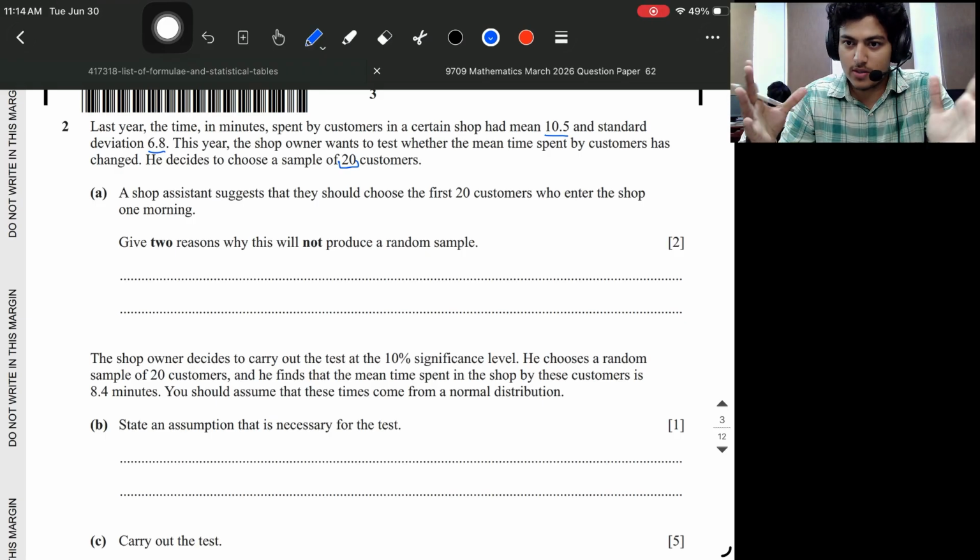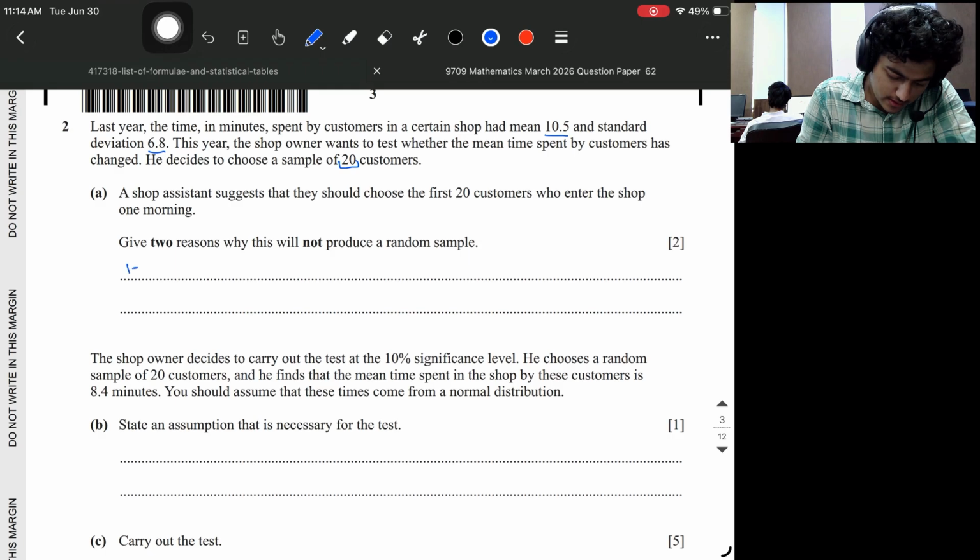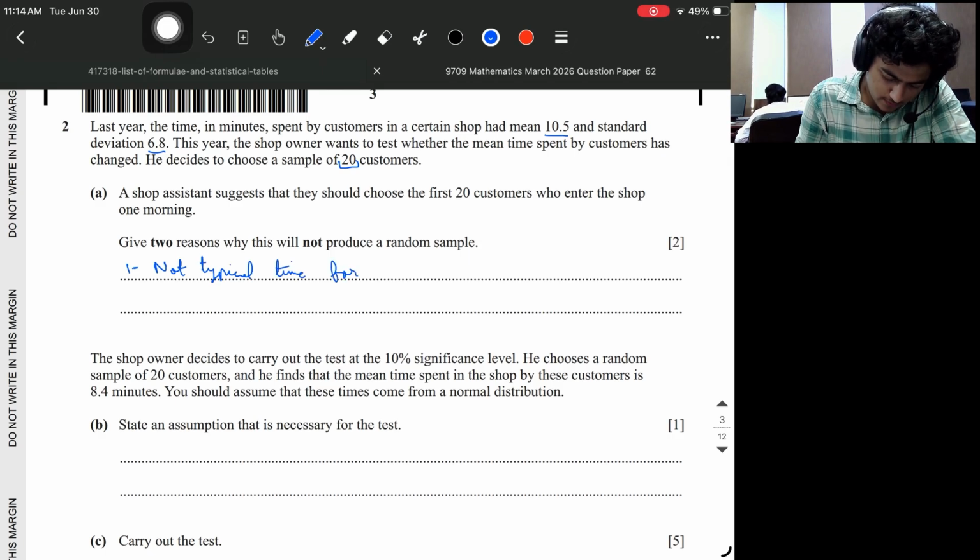It's not the bustling time of the day, so that is not typical of all times of day. So one reason is that it is not a typical time for customers.